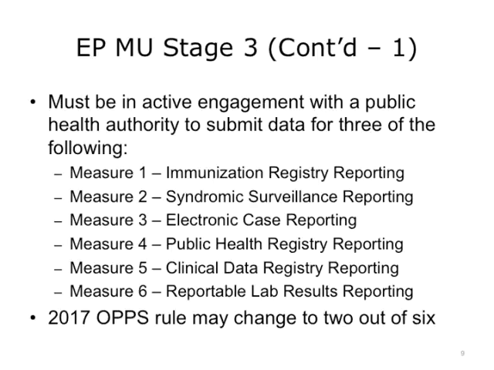The measures are Measure 1, Immunization Registry Reporting; Measure 2, Syndromic Surveillance Reporting; Measure 3, Electronic Case Reporting; Measure 4, Public Health Registry Reporting; Measure 5, Clinical Data Registry Reporting; and Measure 6, Reportable Lab Results Reporting. Note that eligible hospital and eligible provider requirements are very similar, except that reportable results reporting is only applicable for hospitals.